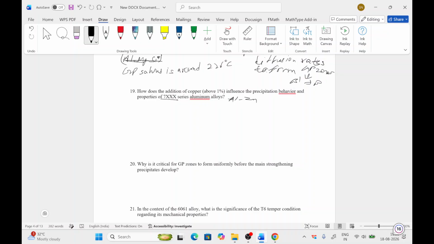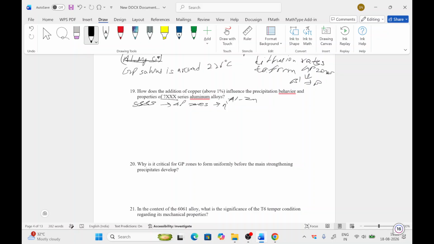In aluminum and zinc, the supersaturated solid solution first forms GP zones, then the eta dash precipitate of metastable state forms.